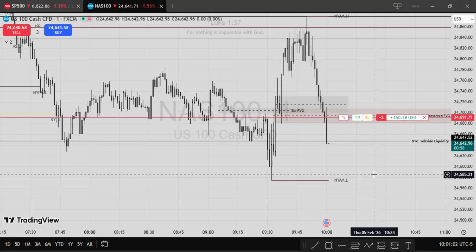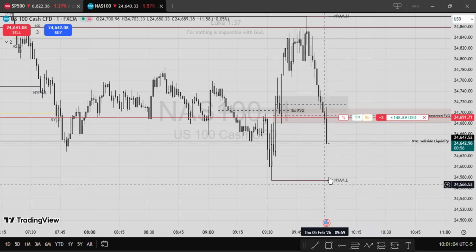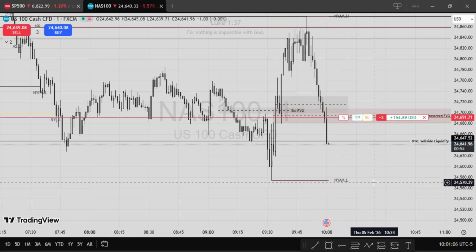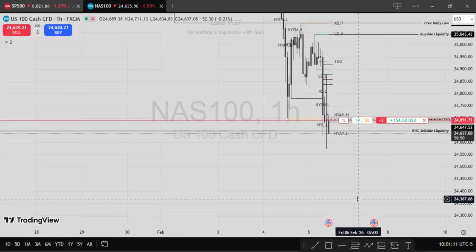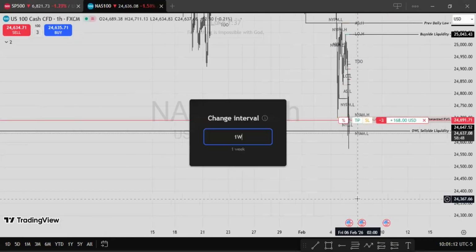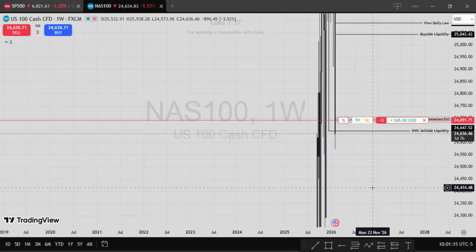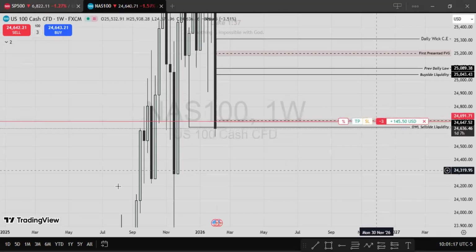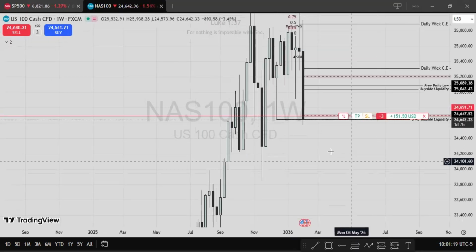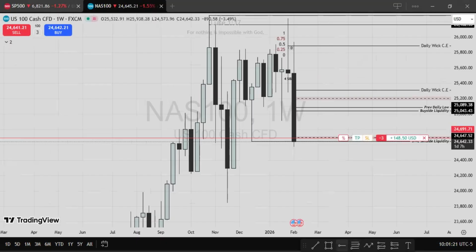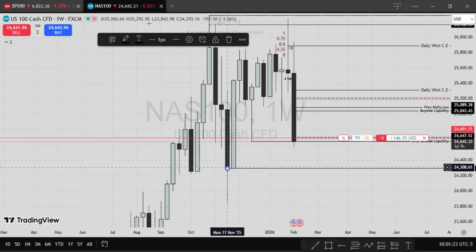So with my position at this low here will be enough for me. We don't have any other sell side besides that, except for the higher time frame draws. So I can have that marked out.